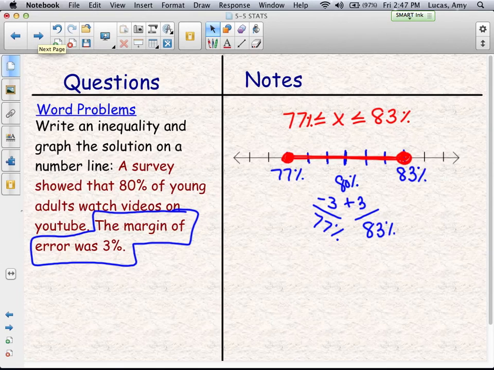We need 3 higher than 80, and we need 3 lower than 80 to describe the range. That's what margin of error means, that it could be actually a little higher or lower. And margin of error is really common when you're talking about surveys. It's really common.